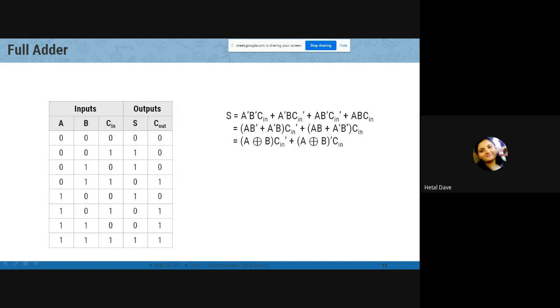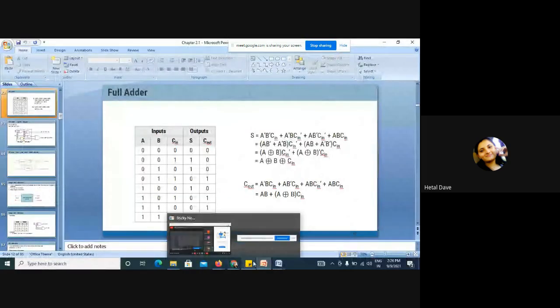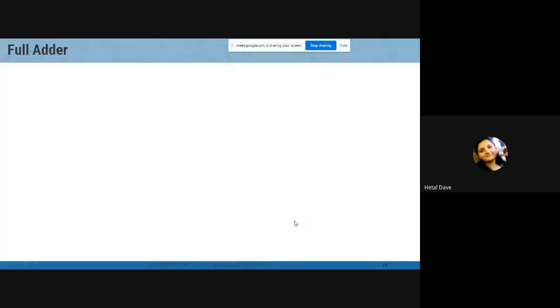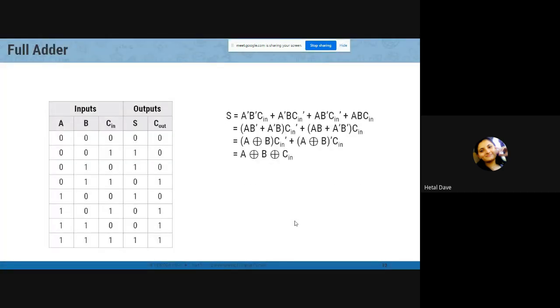XNOR. But XNOR can be written as XOR bar. So here the final equation is A XOR B XOR C in.